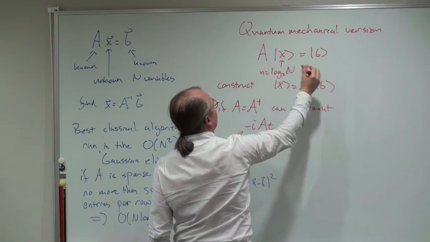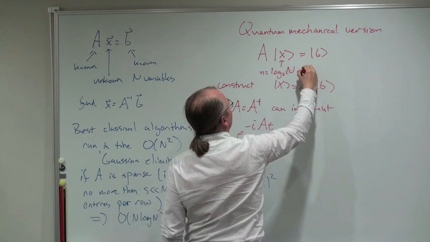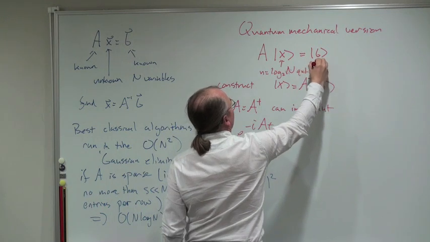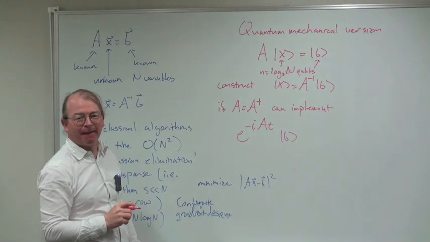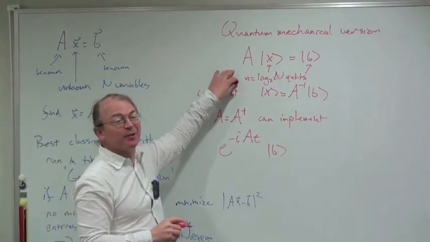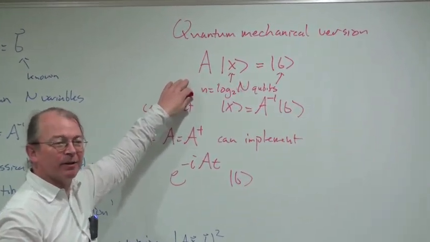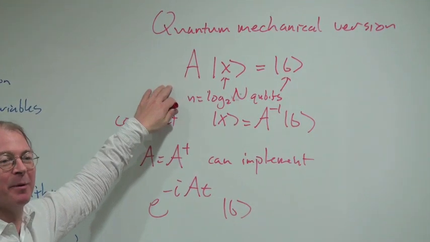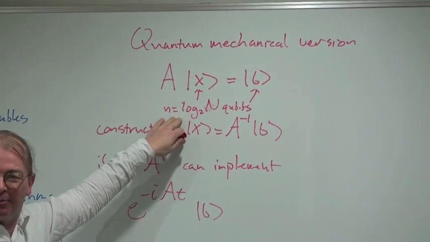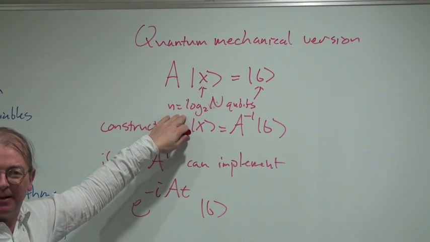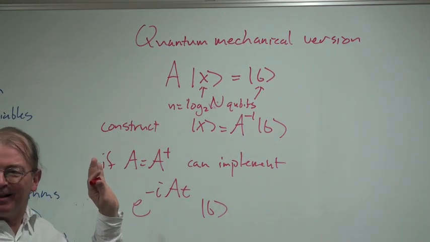I'll call this little n. And similarly, we need roughly that for this B. Actually, A doesn't have to be square here or even Hermitian, but I'll show you in a moment how to deal with that. So we can actually encode the problem in log n space.